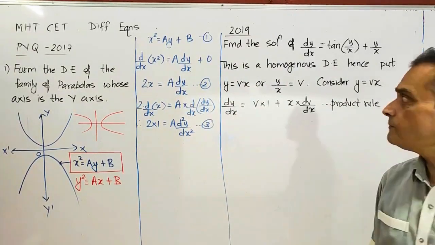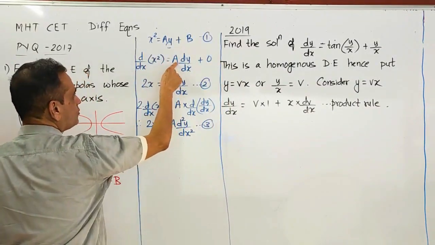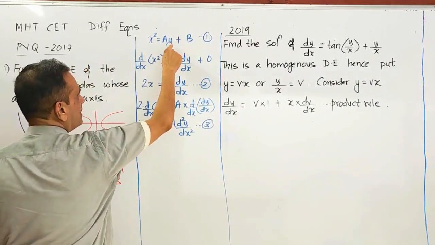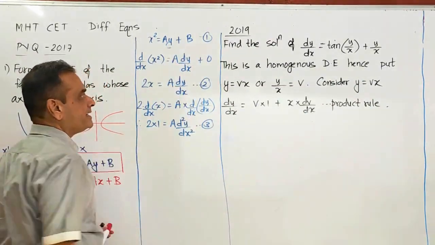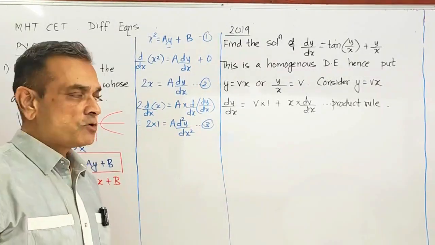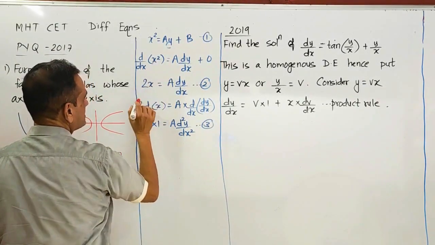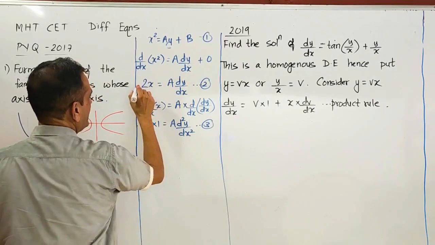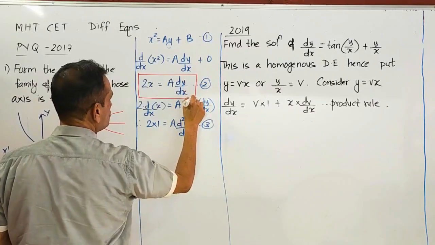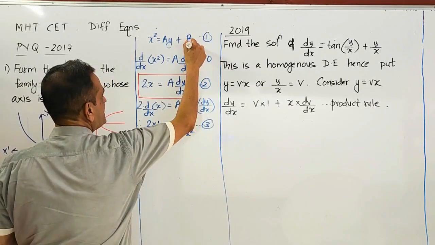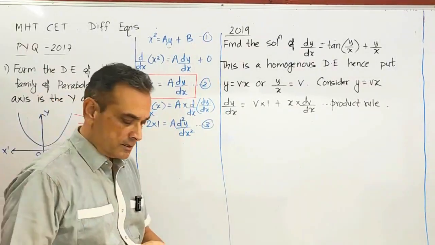Check again. d by dx of x squared is equal to a, the constant kept aside, times dy by dx, that is the derivative of y, and the derivative of b is 0. So what do I get? The derivative of x squared is 2x, equal to a dy by dx. This is our equation 2.